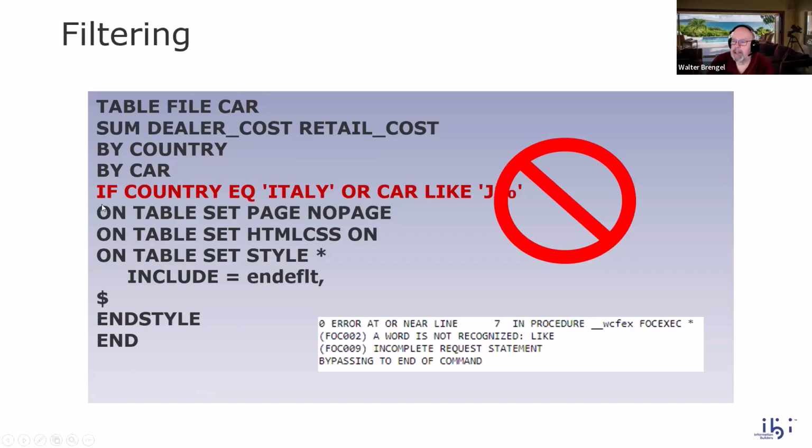So here's the example. If country equals Italy or car like, we get an error. A word is not recognized, like, and then the don't do this. All right. So if statements are better, but probably pretty negligible.